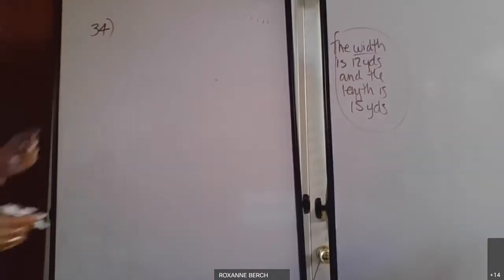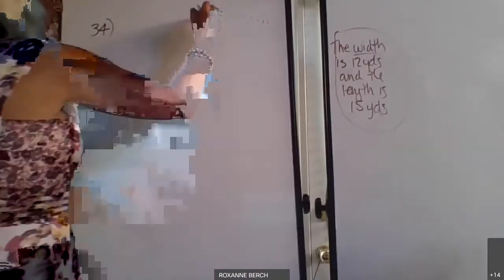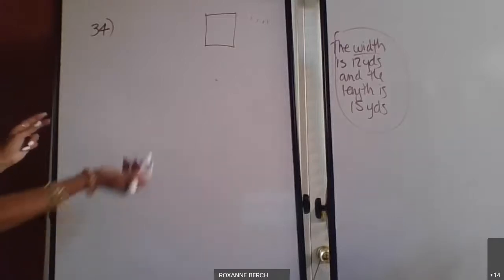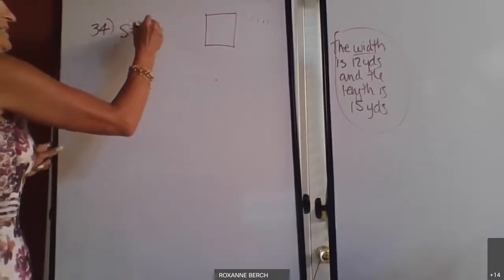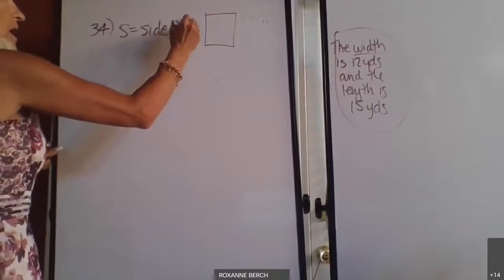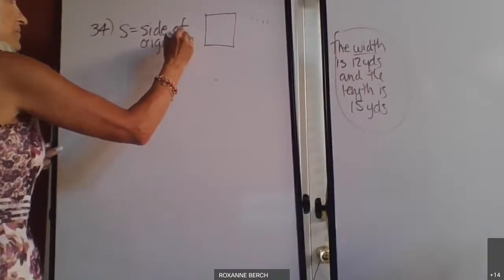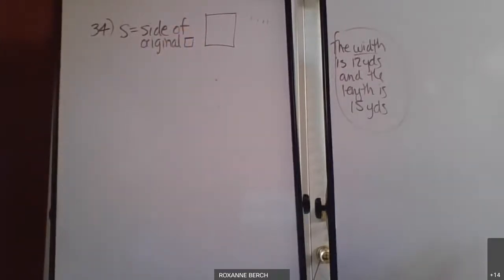Each side of a square is lengthened, and the area of this new larger square is given. Find the side of the original square. So S is the side of the original square.